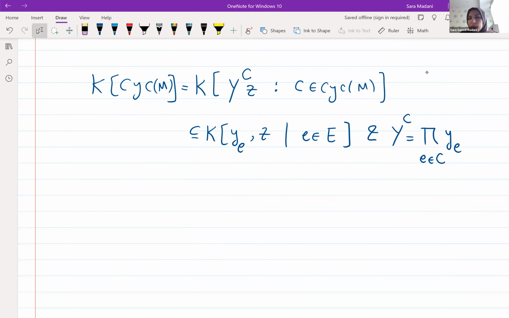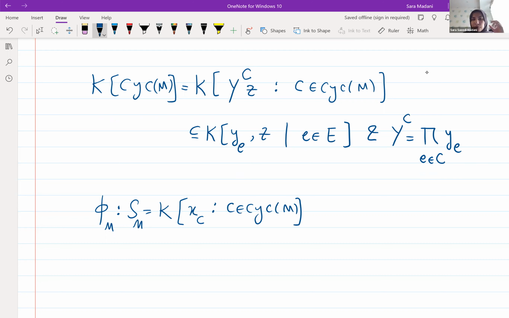But since I'm saying that this is a toric algebra, for those who are a little bit familiar with this concept, now we can represent this algebra by a homomorphism, let us call it phi_M, from a polynomial ring S_M. I put M because I just want to remind you that we are working with a matroid M. This polynomial ring is over K again, and its indeterminates are in correspondence with cycles of my matroid. So phi_M is from this polynomial ring to my cycle algebra.